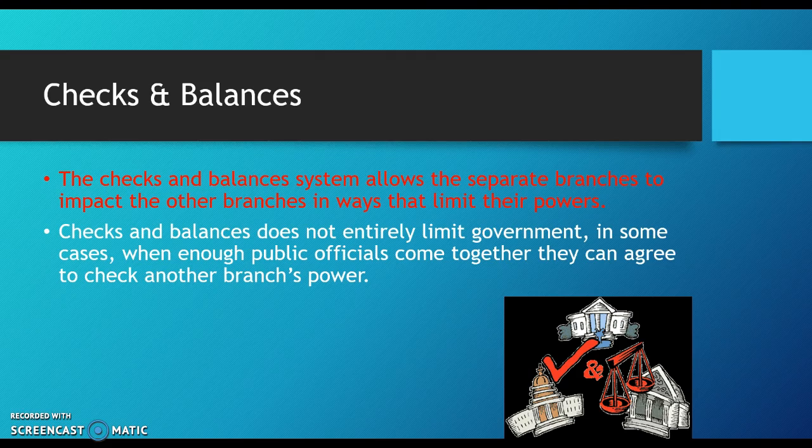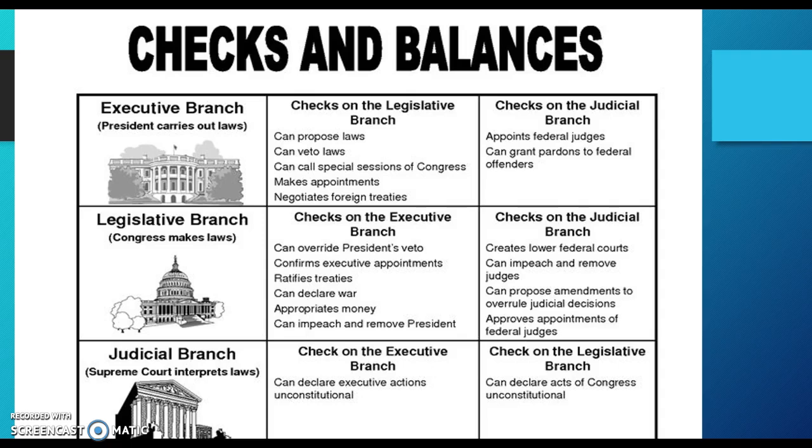Now, sometimes the checks and balances don't entirely limit the government, and we'll have two branches kind of work together to ensure that the other branch is put into check. Now, if we look at this, each different branch has a check on the other two branches in a different way. So let's start with the executive branch. The president is supposed to carry out and enforce the laws.